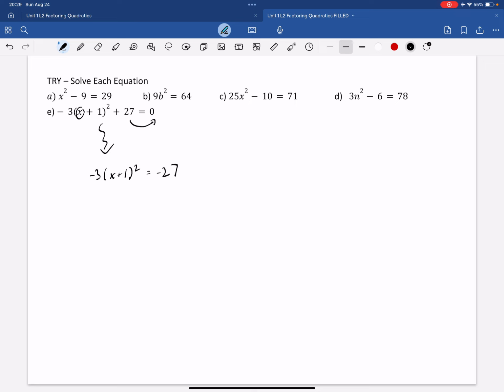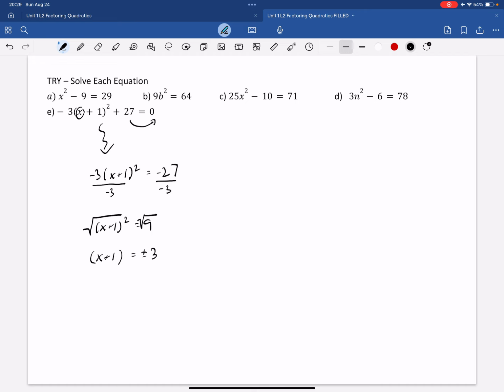Then I can divide by negative 3 on both sides. And that means that x plus 1 squared has to equal 9. I'm going to square root both sides. And that means that x plus 1 is equal to plus or minus the square root of 9, which is 3.